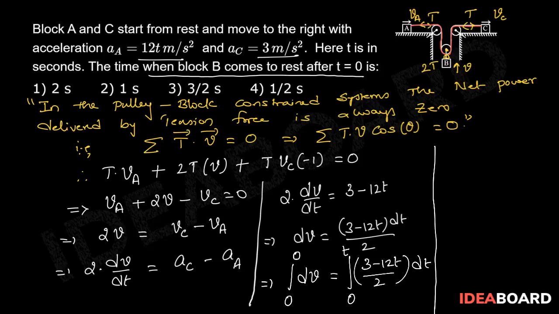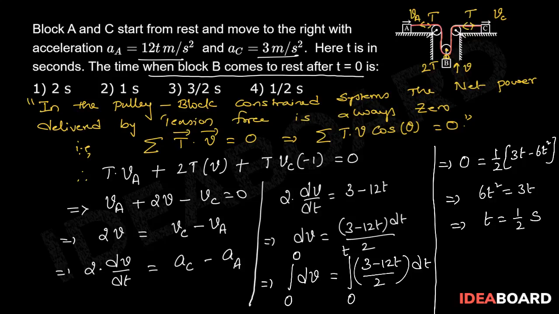So this implies 0 is equal to 1 upon 2 times (3t minus 6t²). So this implies 6t² is equal to 3t, which implies t is equal to half second. Therefore, the block B will again come to rest after a time of t equals half second. Therefore, the correct option is 4.